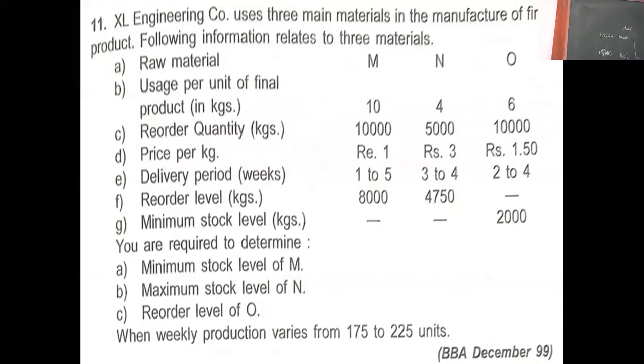Then raw material details are given for you people. Usage for unit of final product in kg. How many kg of raw material is required to produce 1 unit of finished product? M is required 10 kg, N is required 4 kg, O is required 2 kg. Total how many kg required to produce 1 unit of finished product?